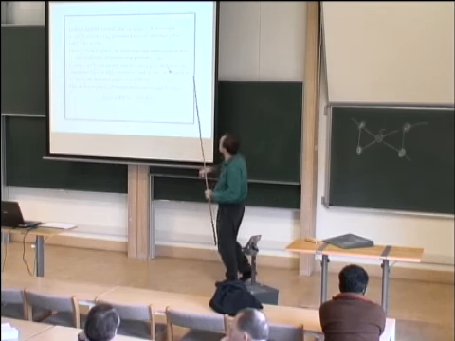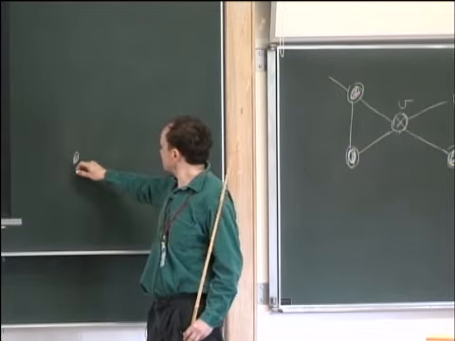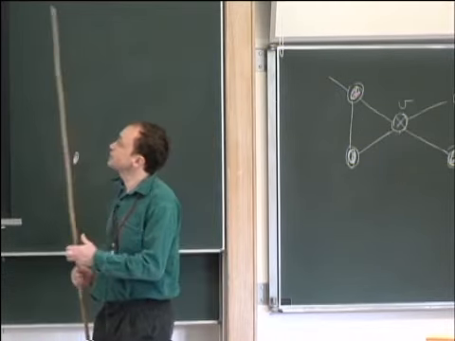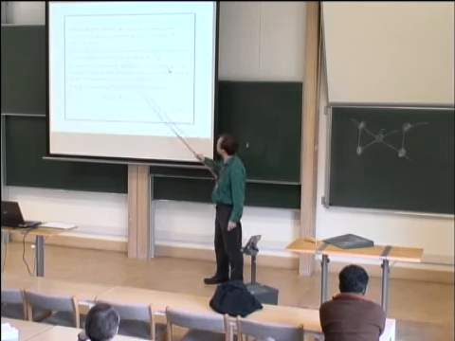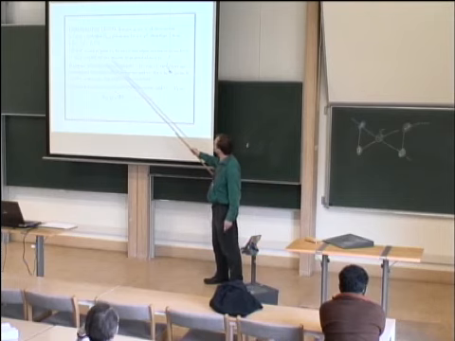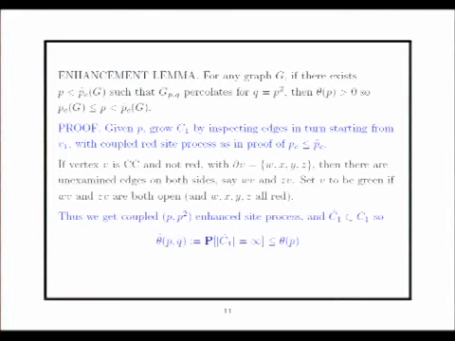So again, we grow C1, that's the cluster at our starting vertex, whatever that is, in the bond process. So C1 is the cluster at V1 in the bond process, inspecting edges in turn, starting from V1. So we couple the red site process in the same way. So the same kind of thing as before.